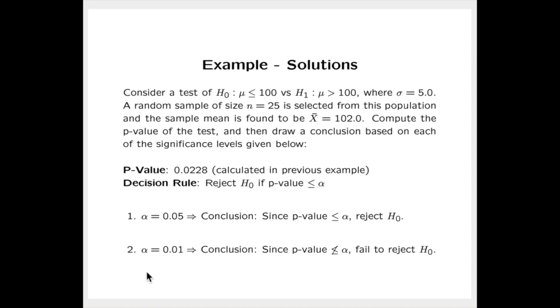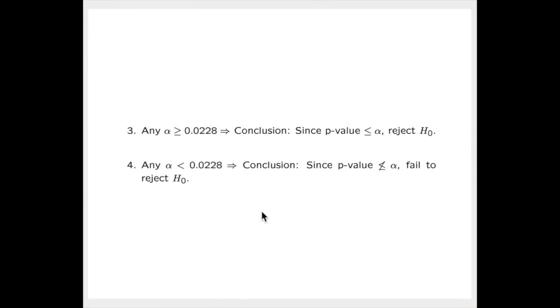On the other hand, if we were to use a significance level, an alpha value of 0.01, then since the p-value is not less than or equal to alpha in that case, we would fail to reject the null hypothesis. Now, if alpha is any number between 0 and 1 greater than or equal to 0.0228, and recognize that this is the p-value for the test, then the p-value would be less than or equal to alpha.